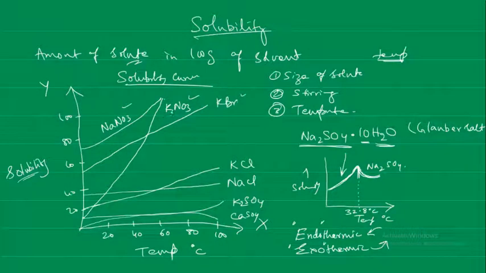It is an endothermic reaction. Exothermic process, okay, calcium sulfate, what is happening? It is an exothermic process. The solubility will increase on lowering the temperature. If you increase the temperature, then what will happen? The solubility will decrease. It will increase until a certain point, but after that it will start decreasing.